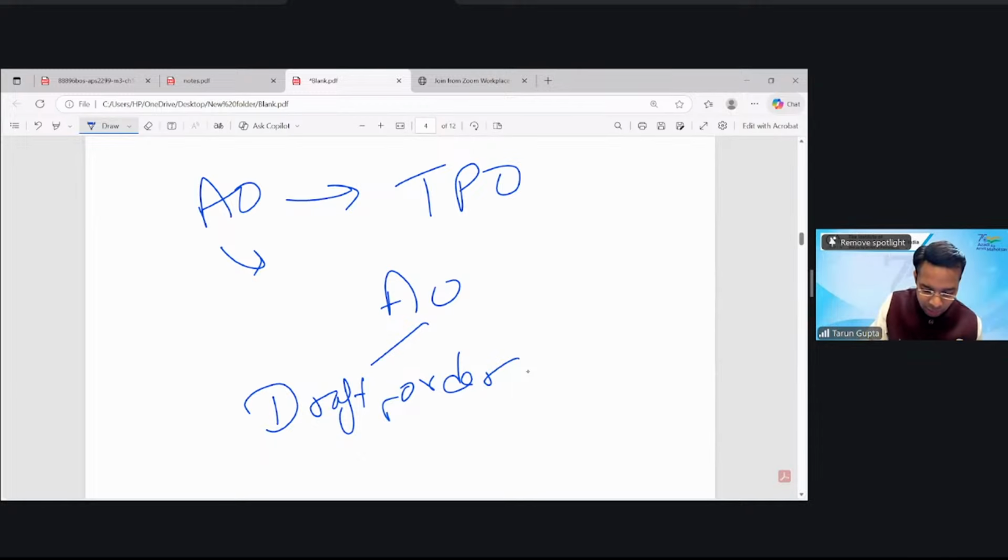He will pass the draft assessment order. Draft means he will not finalize the order. He will say, as per me, you furnished your return of income for this much amount, and these are the additions which I am proposing to your return income. So he will pass a draft assessment order if the assessee is an eligible assessee.